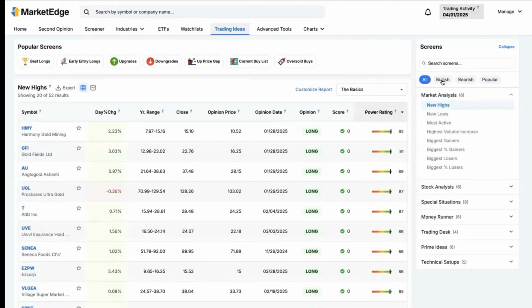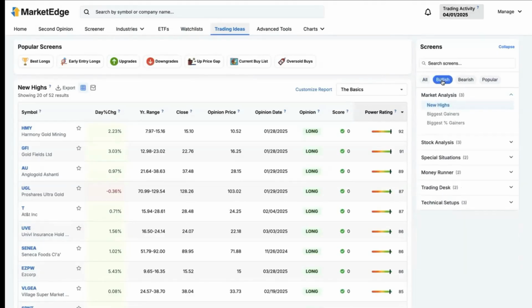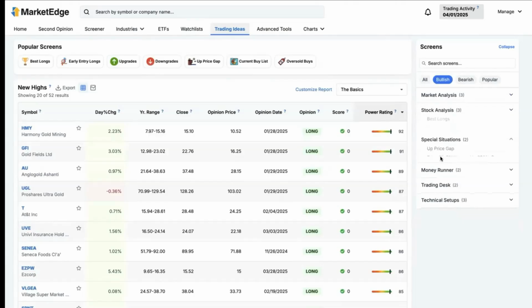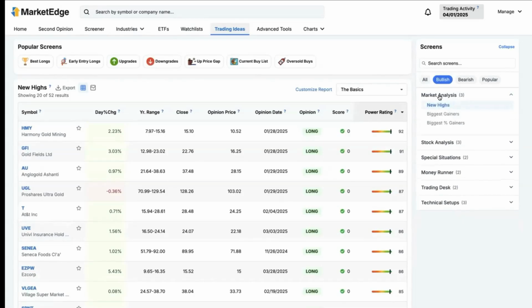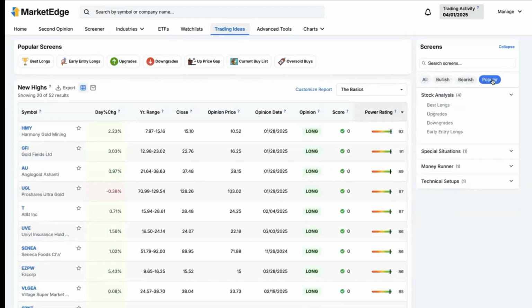But if you only want to view the bullish screens, you click bullish, and now you're only looking at the bullish screens. It reduces the amount of screens that you have to sort through. Same thing with bearish. These are the bearish screens for trading ideas. And then finally, popular. We surface in popular the exact same screens that are up here in popular screens.